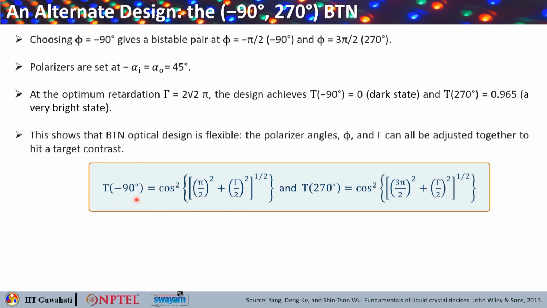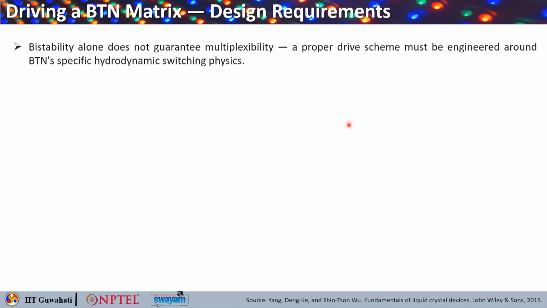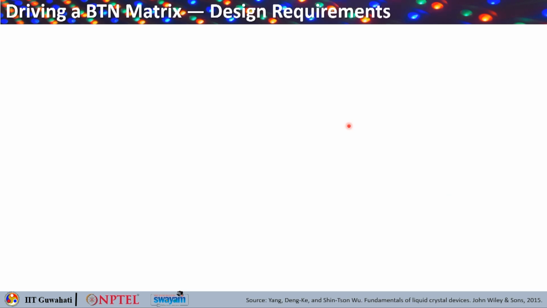T minus 90 degree will be cos square of the square root of pi by 2 whole square plus gamma by 2 whole square, to the power root 2. Similarly T 270 degree will be cos square root of 3 pi by 2 whole square plus gamma by 2 whole square.